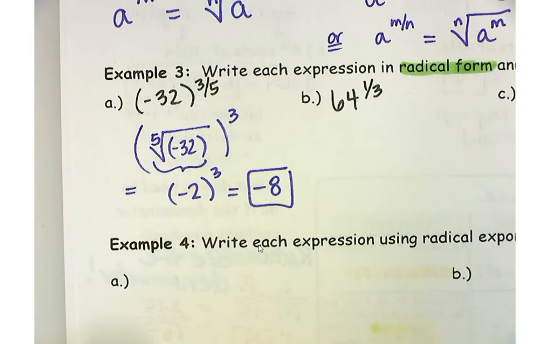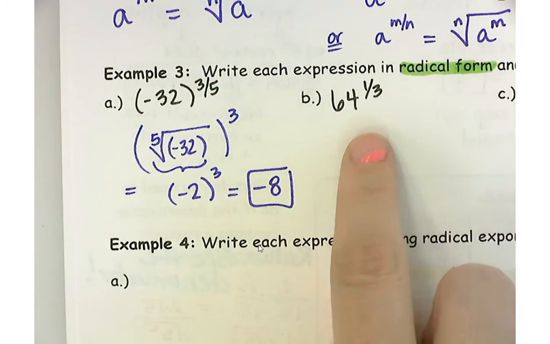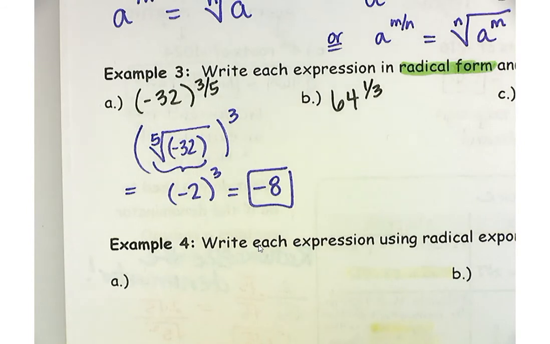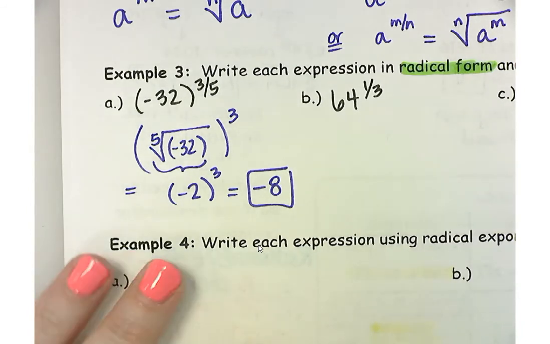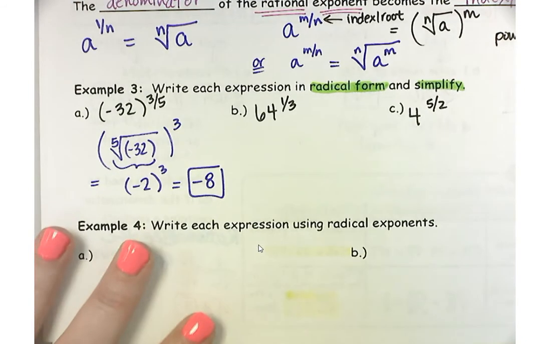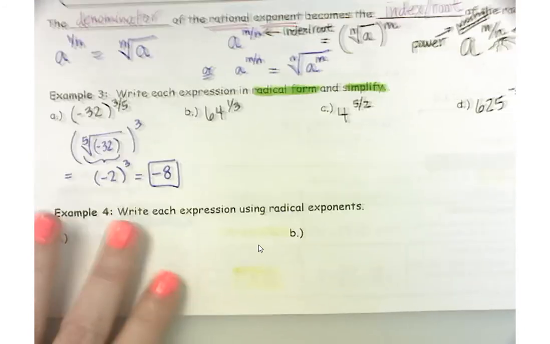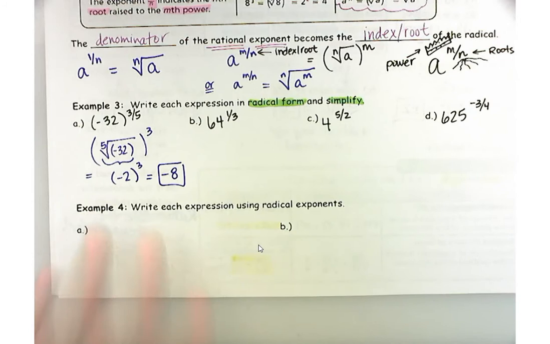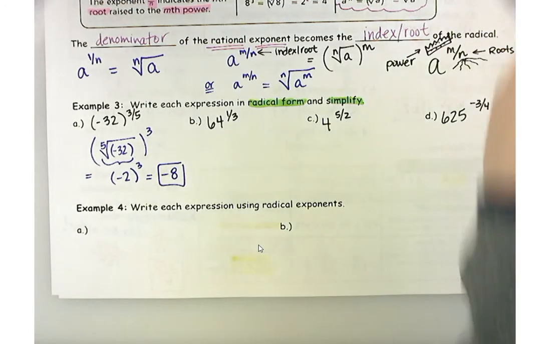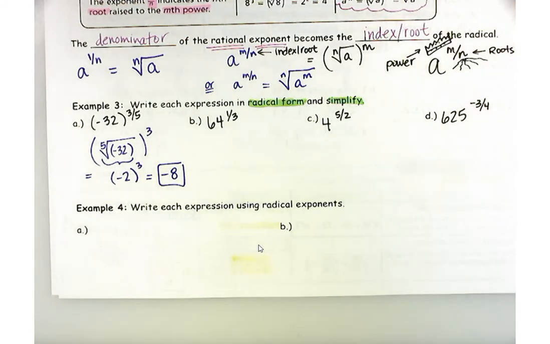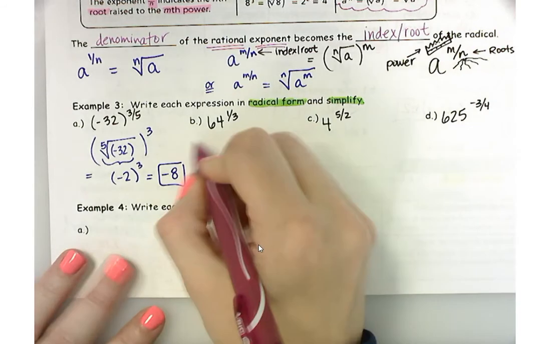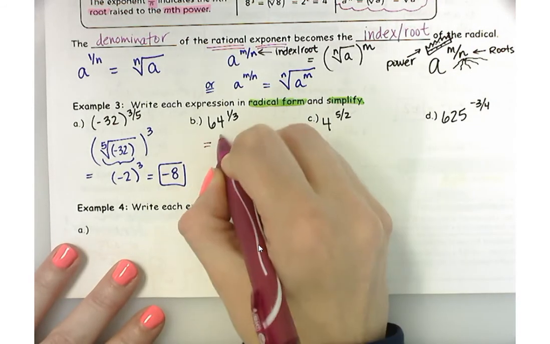So you could think of it as the cube root of 2 cubed times the cube root of 2 cubed. Or really, don't we know that 8 is a perfect cube? So can I just think of this as the cube root of 8 times the cube root of 8? What's the cube root of 8? It's just 2, right? 2 times 2 is 4. Now some of you might even know right away the cube root of 64 is 4.